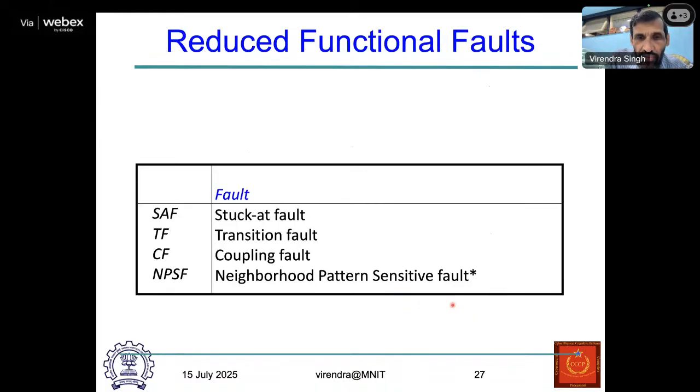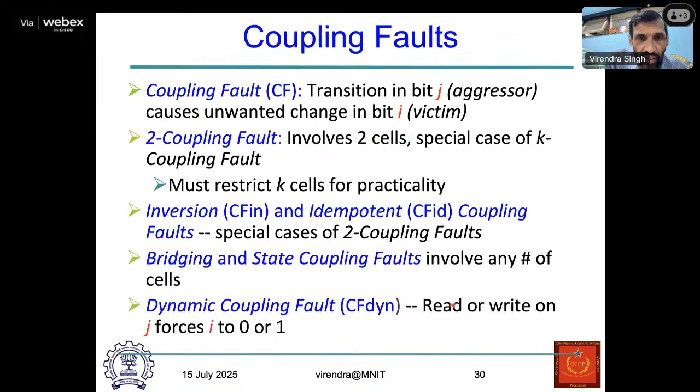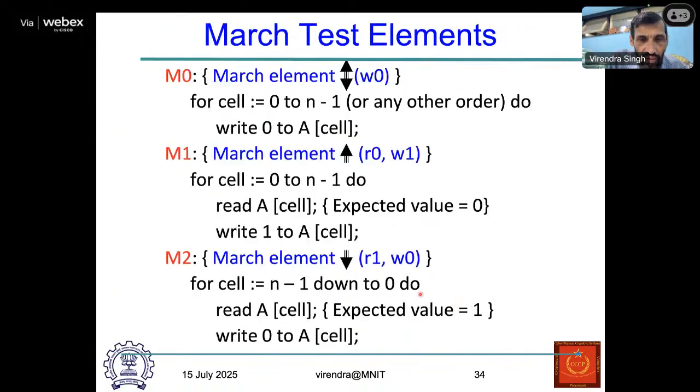So everywhere, first I will, this says that for all cells 0 to n minus 1, you first read the value of the cell. Expected value is 0. If it is 0, that cell at least does not have stuck at 0 fault.